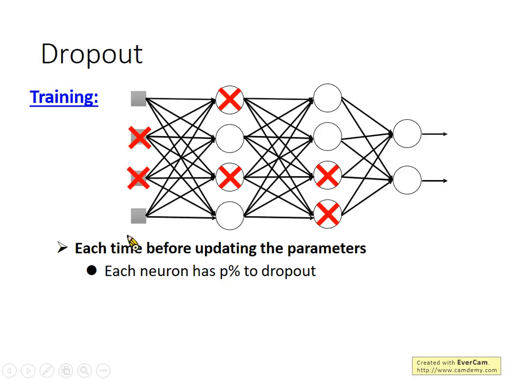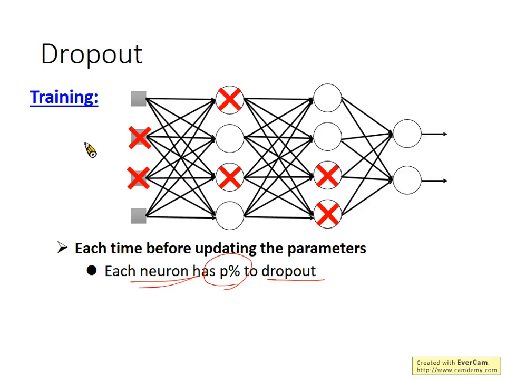Dropout is a very novel idea to reduce overfitting. The idea is this: at each time before updating the parameters, we drop out or discard p% of the neurons. We randomly discard or ignore the information of p% of the total neurons.